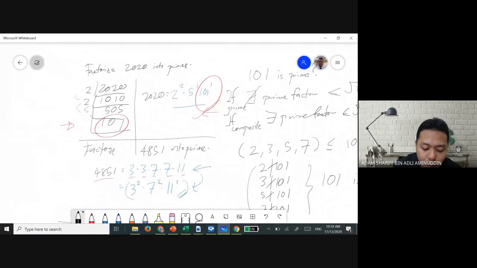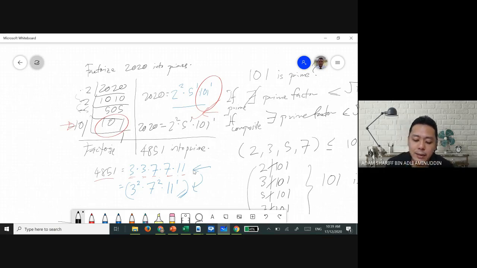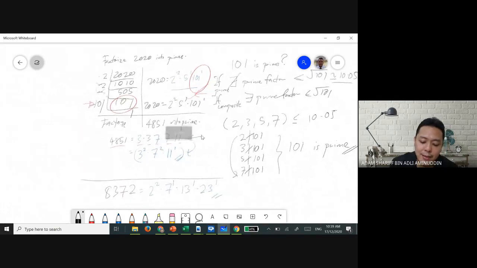Therefore, when you arrive at this 101, you just divide by 101, then you stop at 1. Then it's confirmed that 2020 is equal to 2 times 2 times 5 times 101. Because the prime factor 101 is indeed the prime number itself.